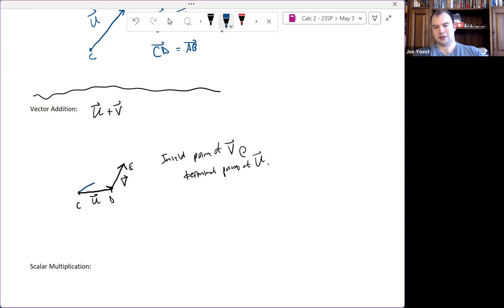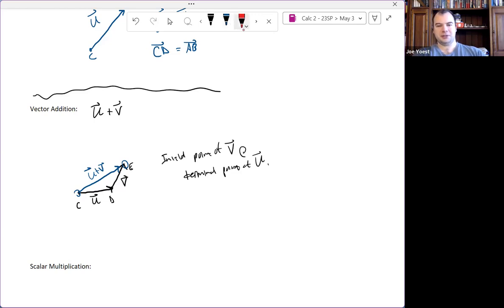That gives me an overall net effect of if I had traveled along this vector, going directly from C to E. So I could go C to D to E, but I could have also gotten from the initial point to the terminal point by just going directly from C to E.